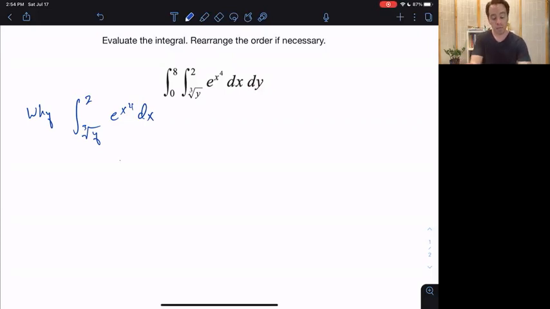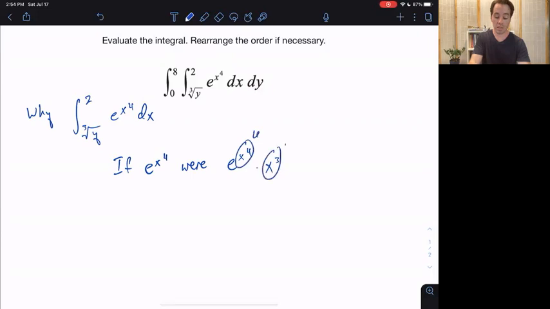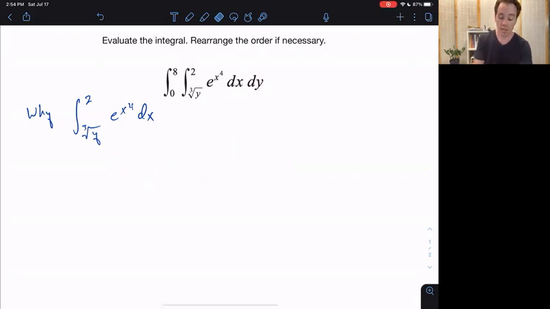Well, if e to the x to the fourth were e to the x to the fourth times something like x to the third, then we could look at this as the u and this as the du, and then we would have something to cancel. But e to the x to the something, some power, all by itself, without that du factor on the outside, you actually can't get an integral of that. So it's not even just that this is hard, it's that it's impossible.